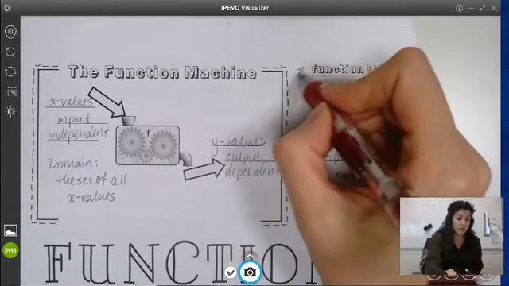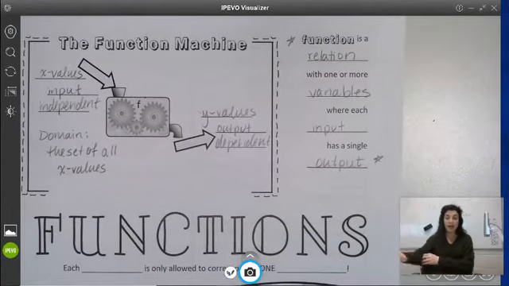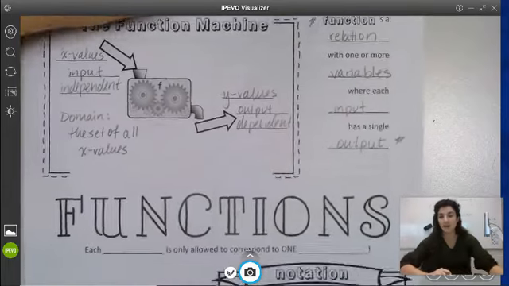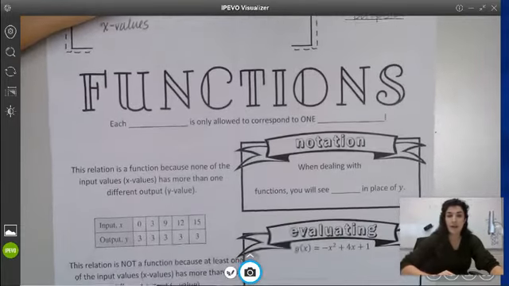This is going to be kind of a mantra to us. We're going to talk about this a lot when we're saying, okay, does every input have only one output? And we will talk a little bit more about it and talk about it visually. But make sure you have all of that written down.